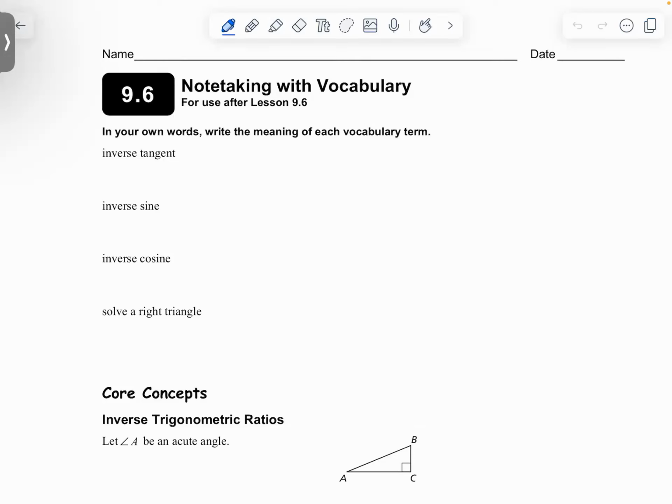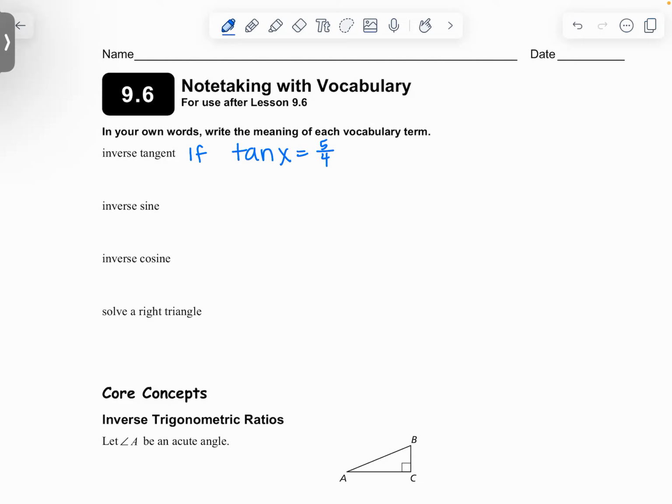So like if the tangent of x equals 5/4. Well, 5/4 is inside of our tangent function. I can't just divide by tangent.